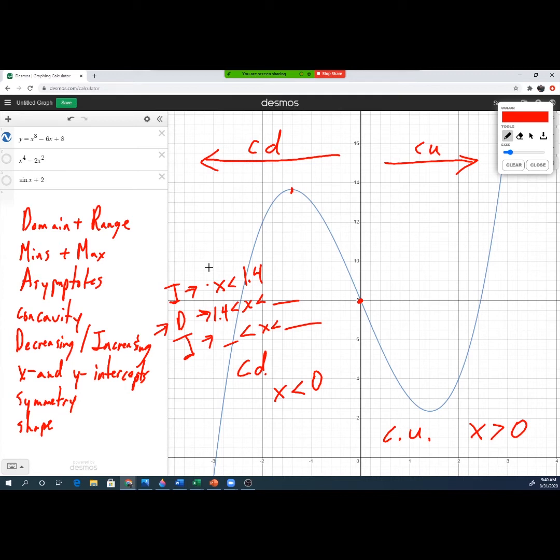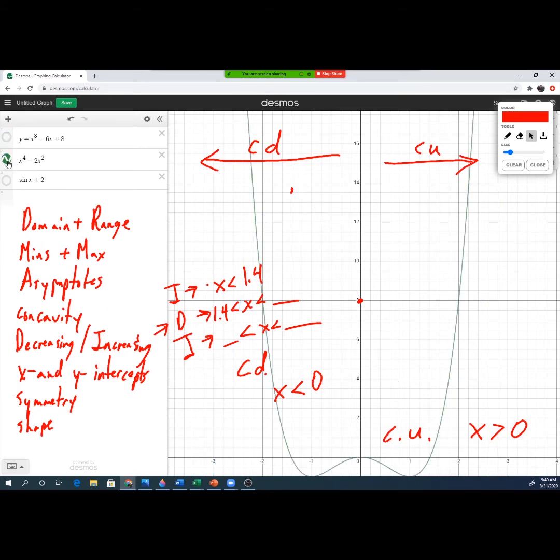So, I am going to give you like 8 minutes. I will answer any questions you have as you go, but I want you to identify as many of these characteristics as you can for each of the 3 functions. Okay?